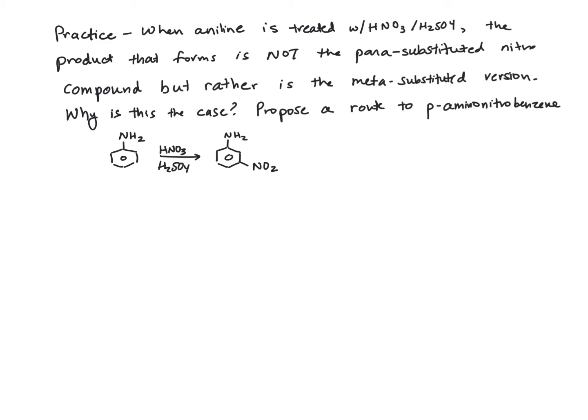So when the aniline is treated with sulfuric and nitric acid, what we get is the protonation of the amine, and now we have a quaternary ion, and this is meta-directing. So it gives us the meta-substituted product. Instead of this, we can treat the compound with an acid chloride.